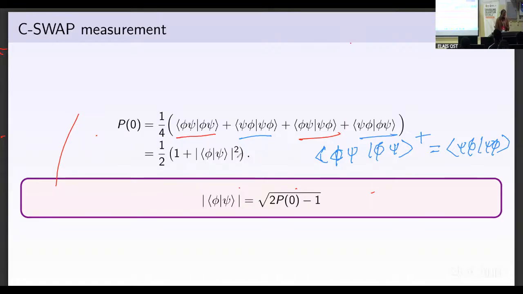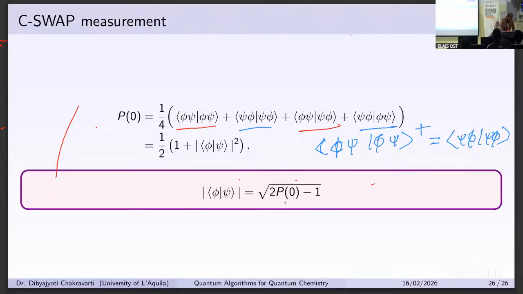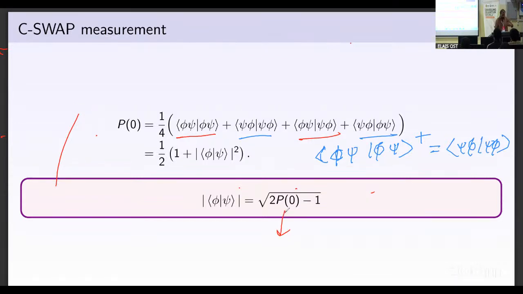So finally, the overlap of the two vectors is basically what we get from the probability of getting 0. The value that we get, the number of times we get 0 when we measure the ancilla qubit, if we multiply 2 with it and divide by 1 and we square root it, we get the overlap value between the two.